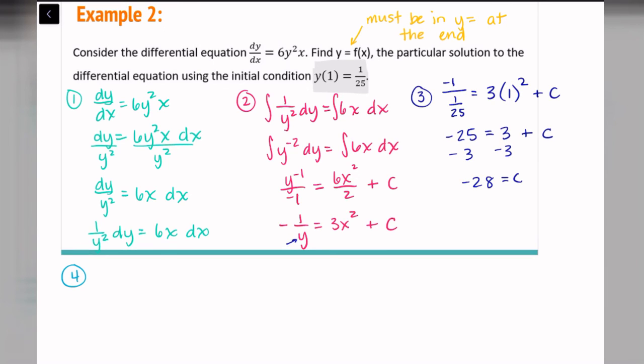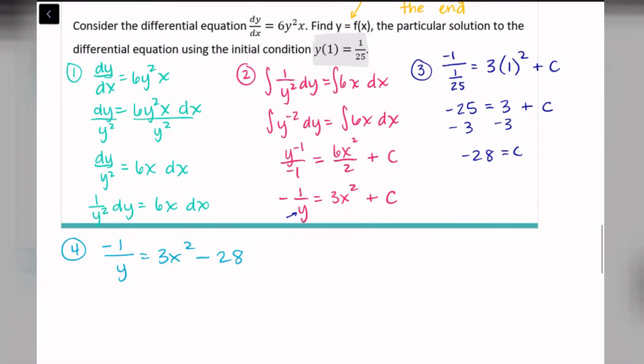All right, last step. I'm going to go back and say I have negative 1 over y equals 3x squared minus 28. Okay, so my last step now, I have to make sure that this gets into y equals. So what I'm going to do here is, because I don't want to multiply by y, because that's going to bring that over to the other side, I want to leave the y on the left-hand side. So what I'm actually going to do is just do the reciprocal of both sides.